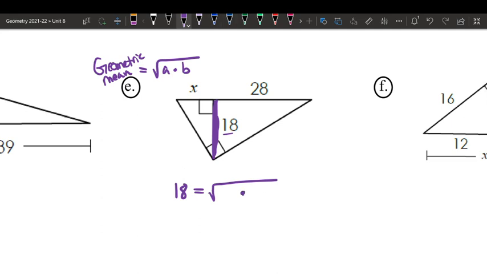And the way that I showed y'all to do this is going to be the product of the two pieces that is touching. So this one is touching the x, the side x, and the side 28. So it's going to be x and a 28. So 18 equals the square root of x times 28.